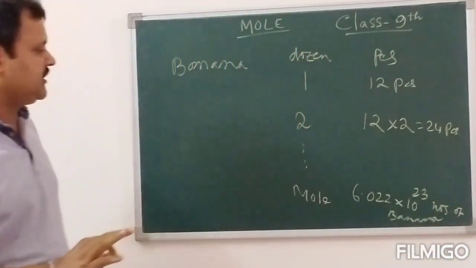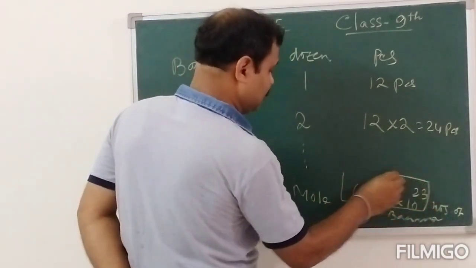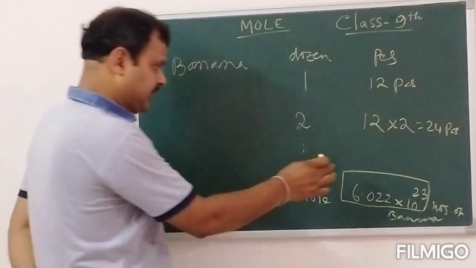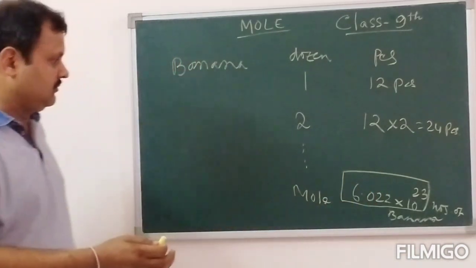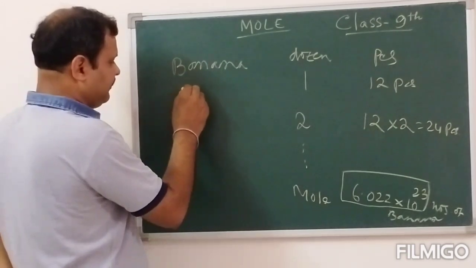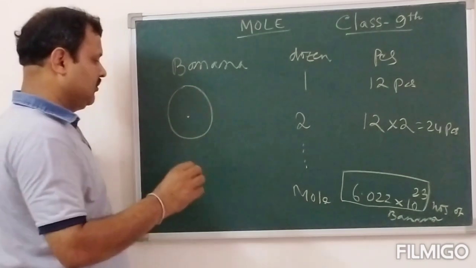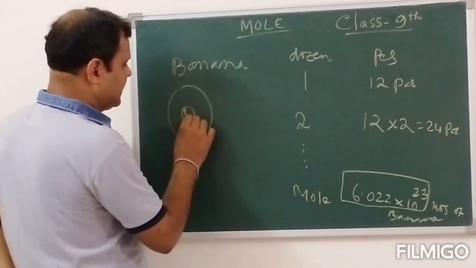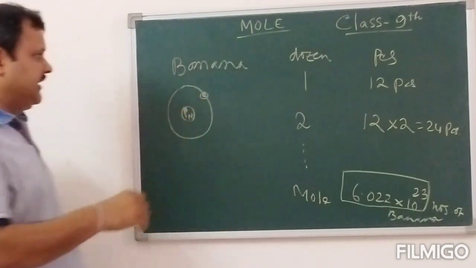So mole is nothing but a number. This number is 6.022 into 10 to the power 23. This is a very large number, so why do we take it? Because an atom is a very, very small fundamental unit of matter, which has protons and neutrons in the nucleus and electrons rotating around the nucleus.